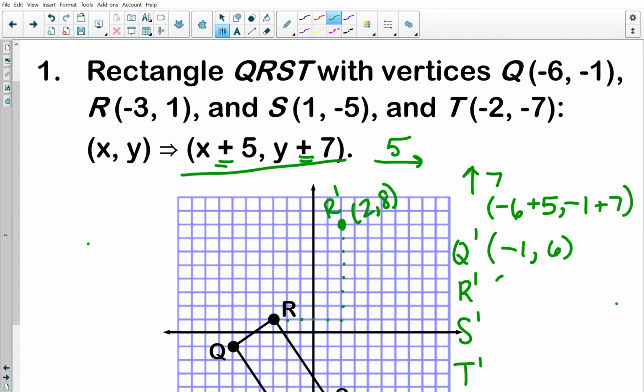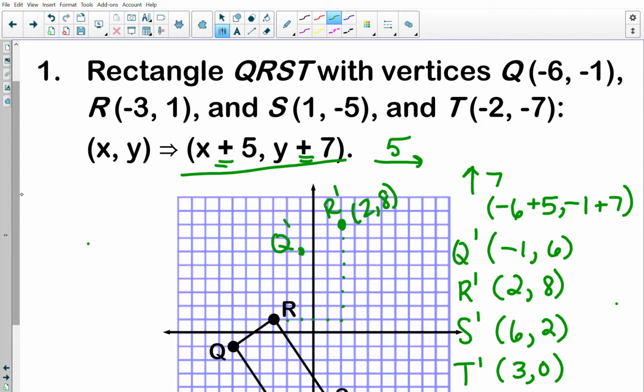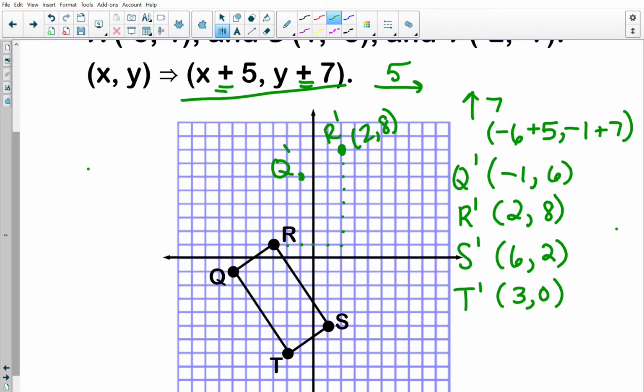A new R: if I added 5, I would get 2. If I added 7, I'd get 8. A new S of (6, 2), and a new T of (3, 0). So I can do it both ways.